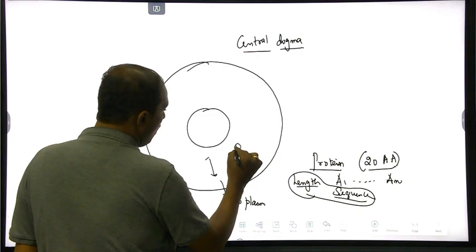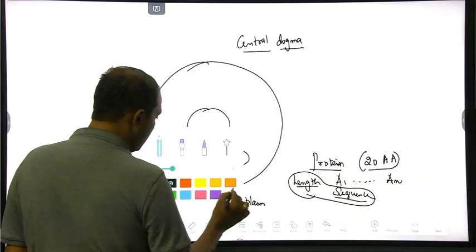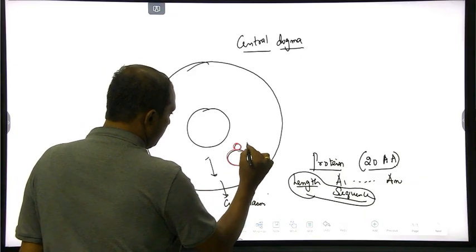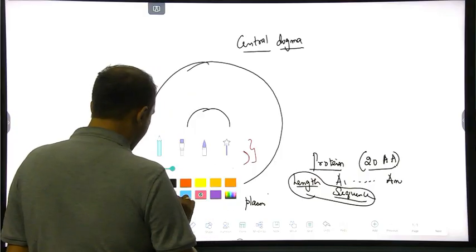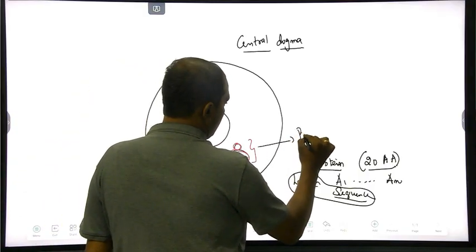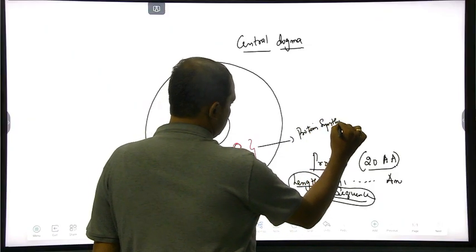Here you have an organelle called the ribosome, and this ribosome is actually the site of protein synthesis.